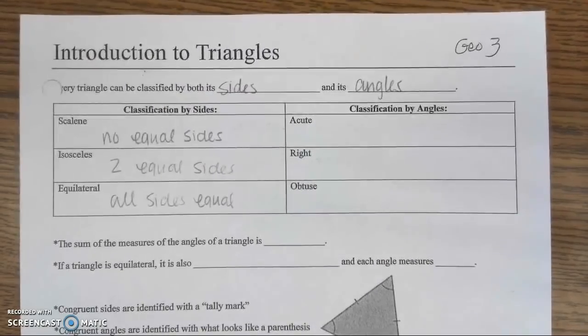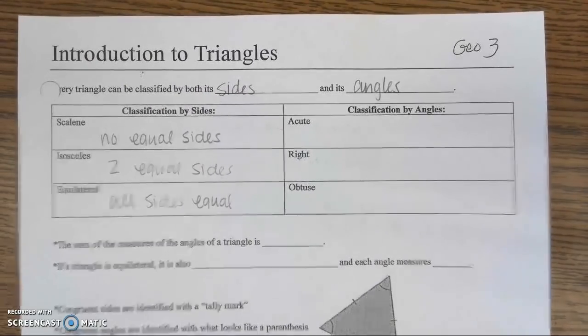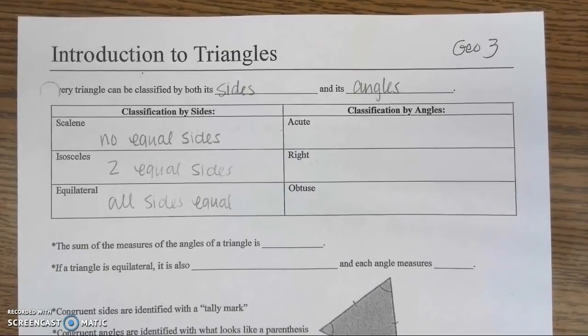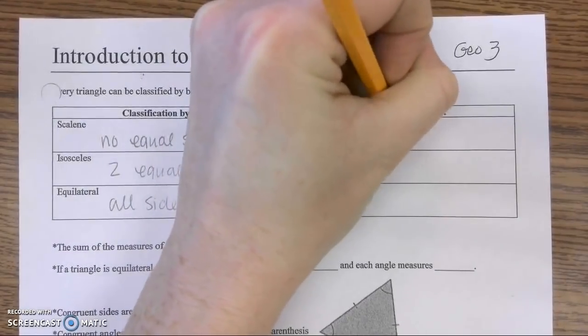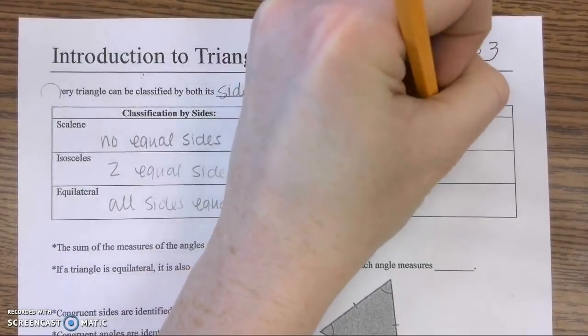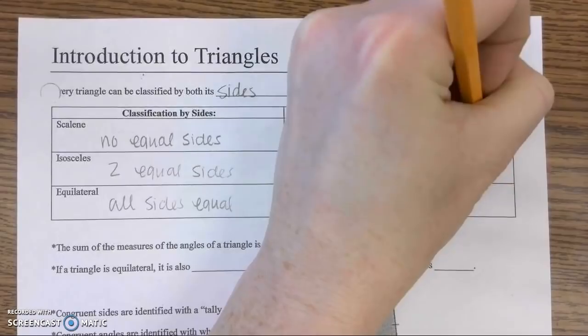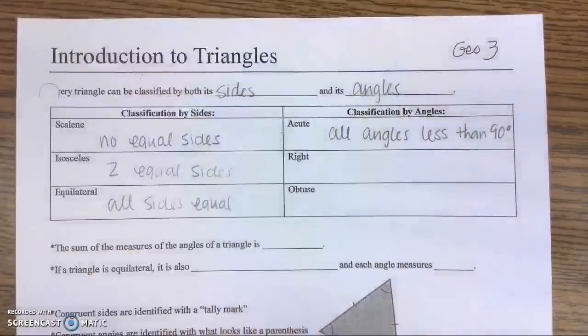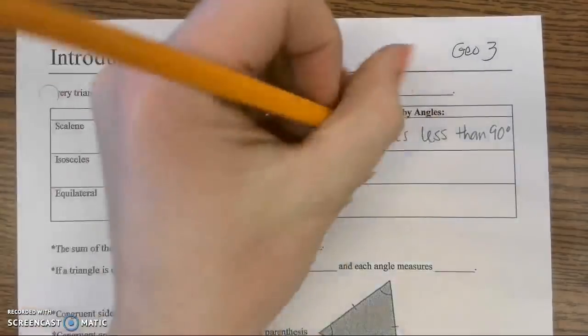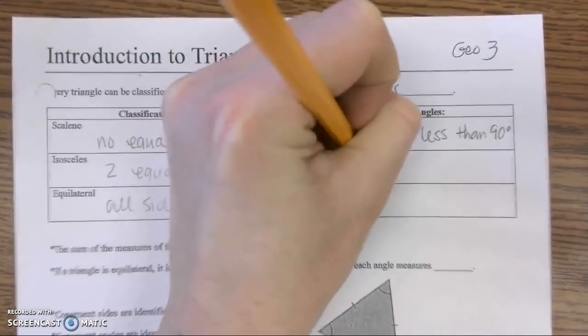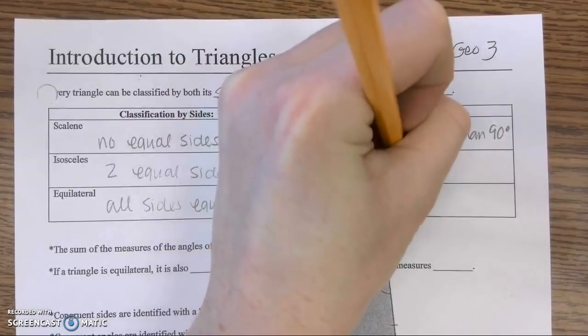Now we look at classifying it by its angles. An acute triangle means that all angles are less than 90 degrees, and they're acute angles. If it is a right triangle, there is one right angle.